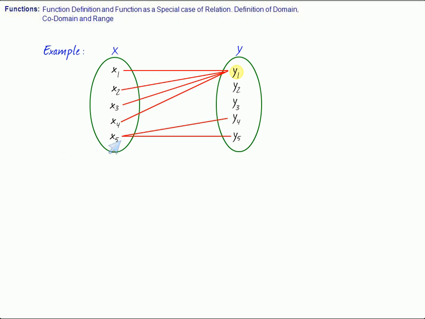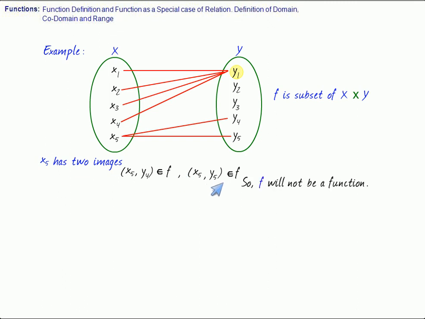Now, is this correspondence a function? No, it is not a function because x5 has two images, or you can say (x5, y4) belongs to F, F is a subset of X cross Y, and (x5, y5) also belongs to F. So F will not be a function, F will be a relation only.